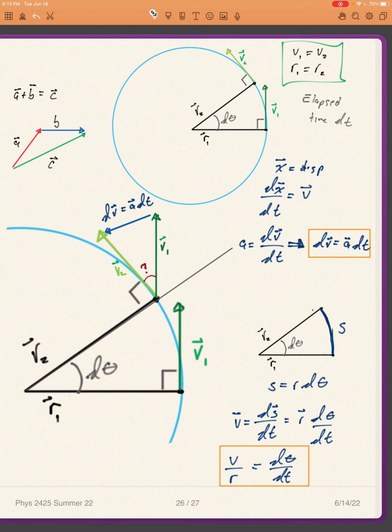Now, let's extend this line on which v1 lies. Okay, so what do I know about that?